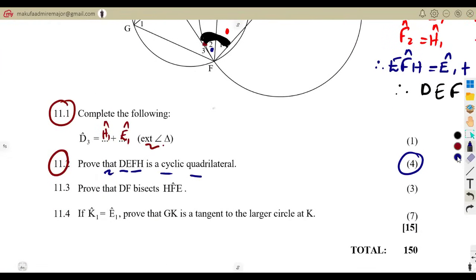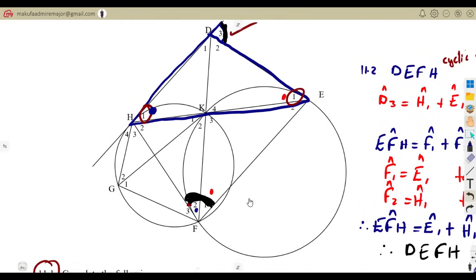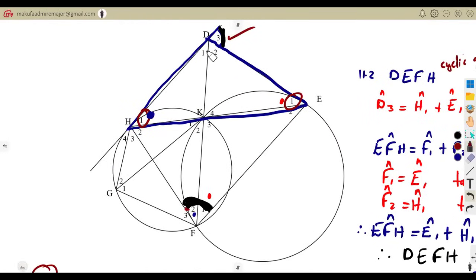Then also prove that DF bisects angle HFE. That's on 11.3. Where is line DF? This is DF. This line DF.